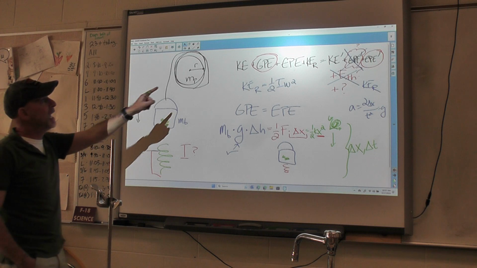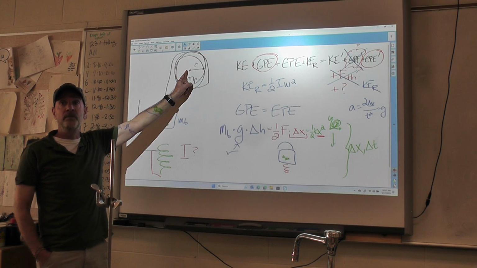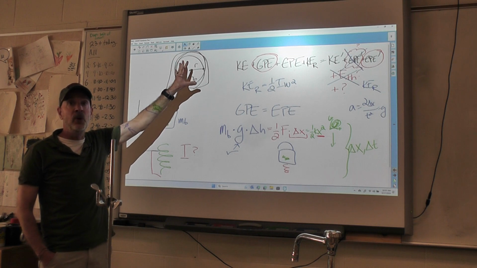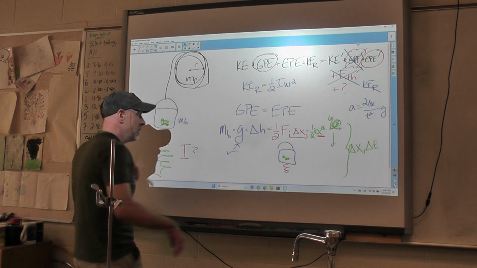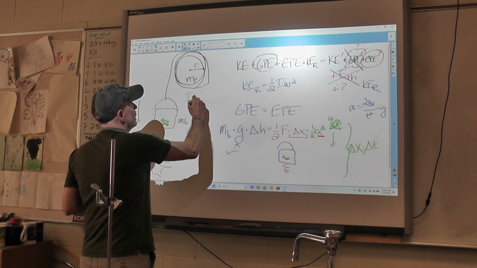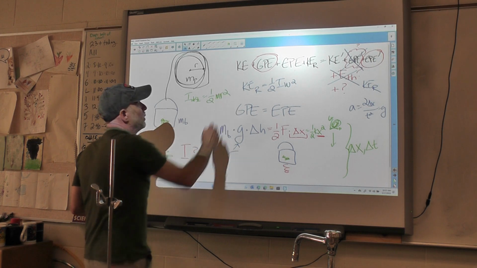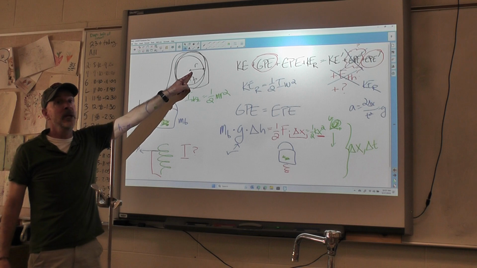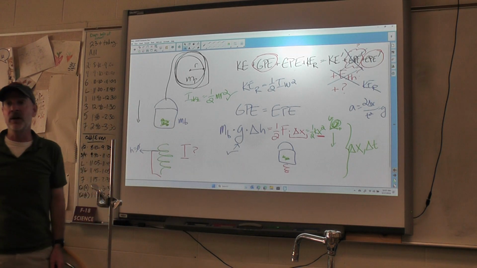So that's why I was asking, is the pulley a solid uniform disk? Because if it is, then the moment of inertia of a disk is 1/2 mr squared. We know the mass, we know r. We can find 1/2 mr squared.